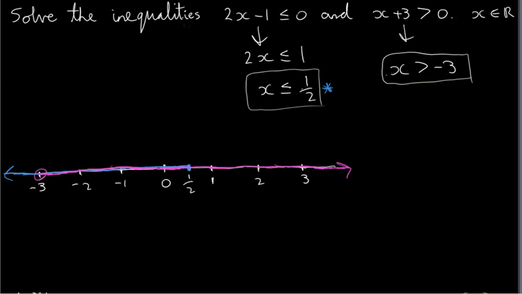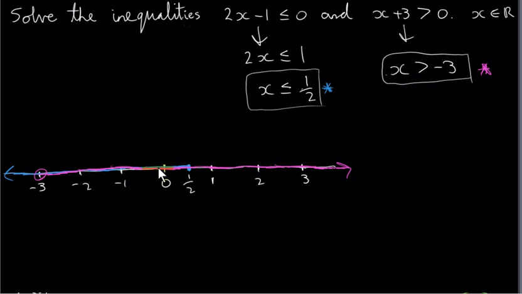X greater than minus 3 I have shown in pink. So it's all numbers that are to the right of minus 3, but we do not include minus 3. So you just put a circle around minus 3 to show that minus 3 is excluded, because we want x to be strictly greater than minus 3. We don't have any equality here.